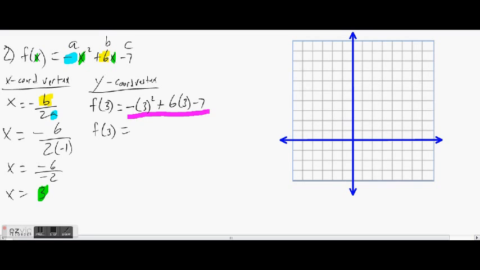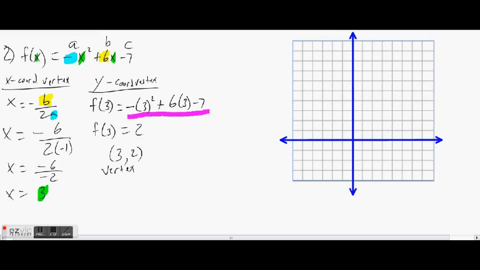So after using parentheses, I end up with a 2. So what is this saying? When x is 3, y is 2. There's my vertex. So my vertex is 3, 2.